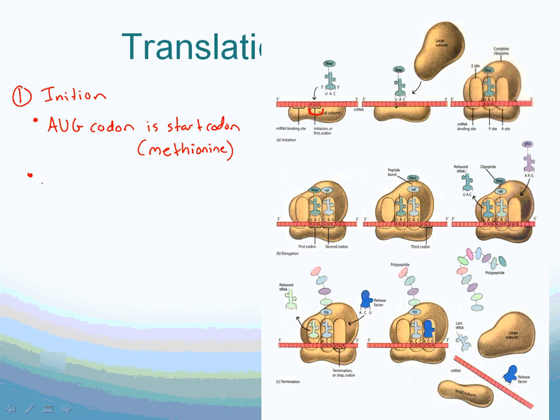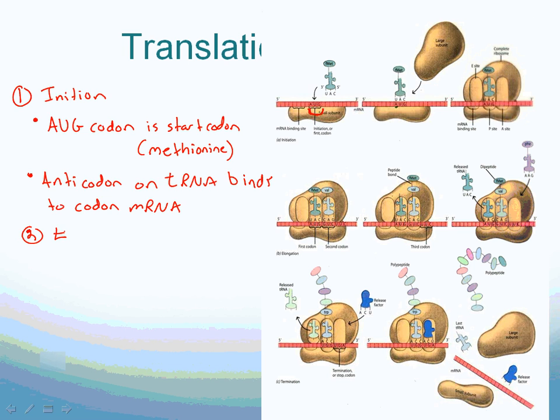And what happens is the anticodon on the tRNA molecule binds to the codon of the mRNA. Okay? And what that does is it brings the perfect amino acid. Okay? So that's initiation. It's only the starting.